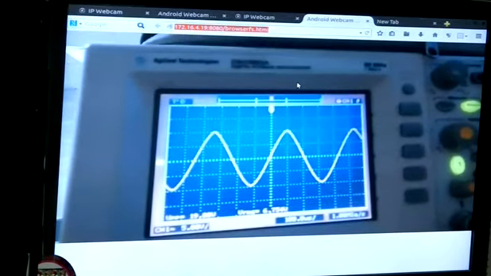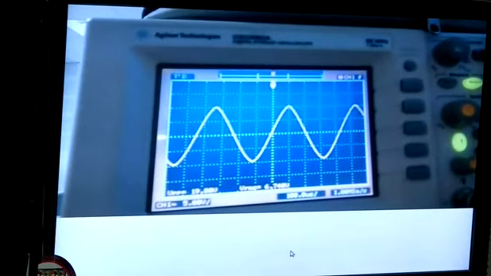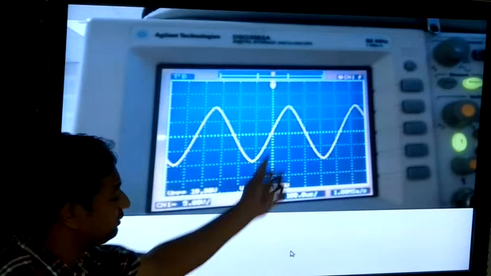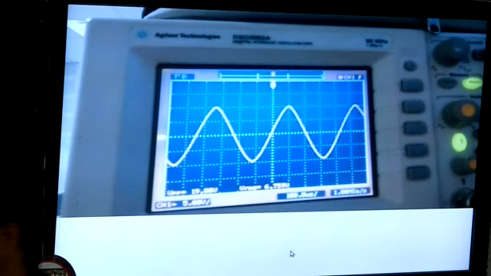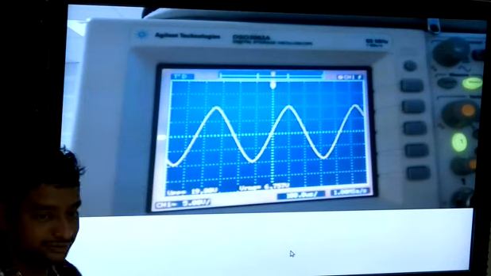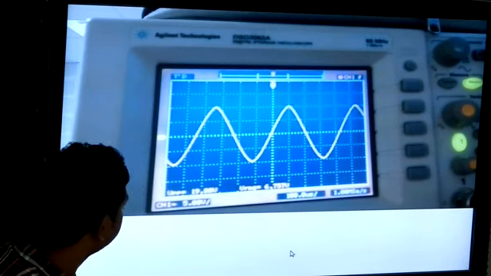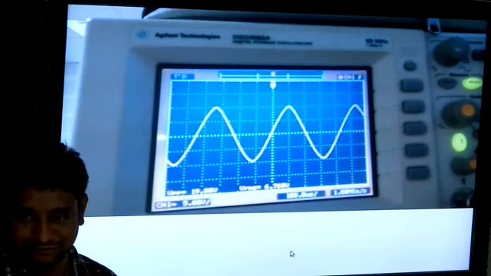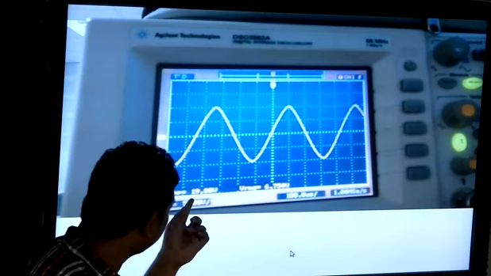I'll make it full screen. So here you can see some sine wave. So this is our supply wave. Okay, so input voltage. So how much is the value? So you can see down here. I know it is not clear for you all to see it. I'll just tell what it is.